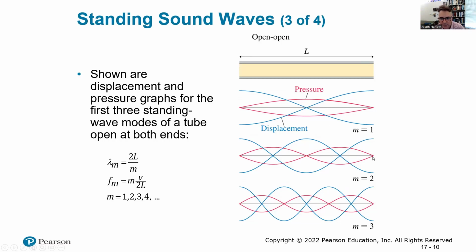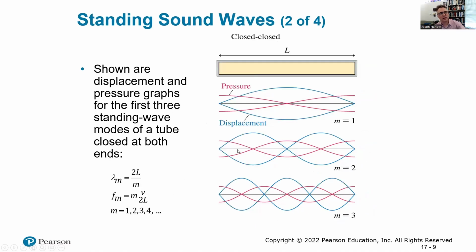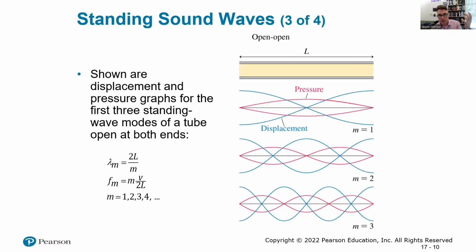But we will see that m=1, m=2, and m=3 follow the exact same equations. You have lambda_m is 2L over m, frequency is m times v over 2L, and m can be any integer. So it turns out that mathematically a closed tube and an open tube produce the same harmonics.